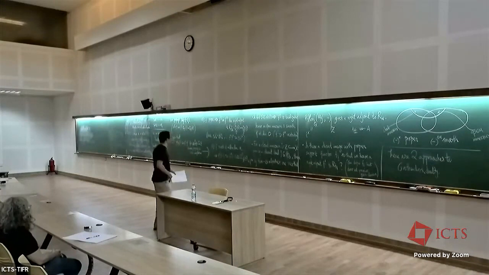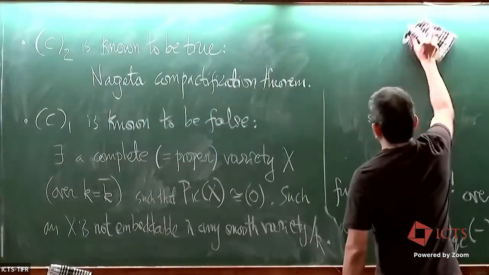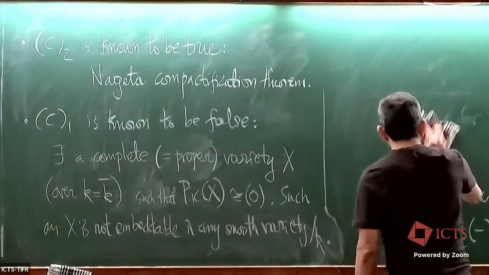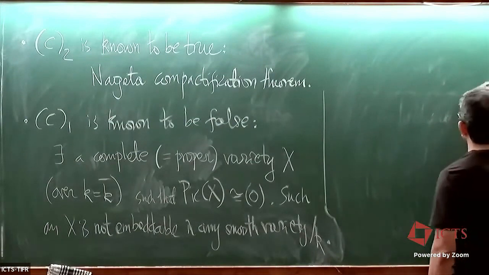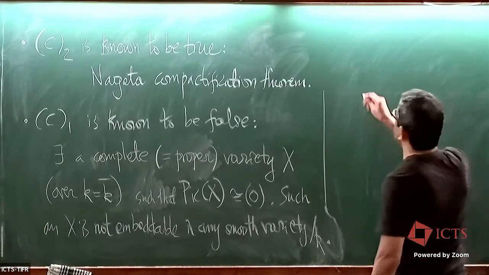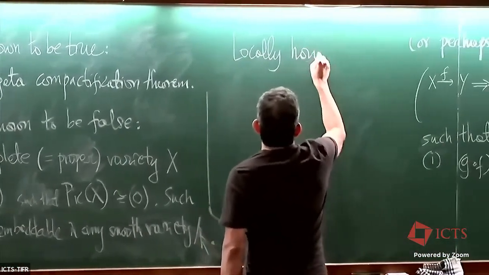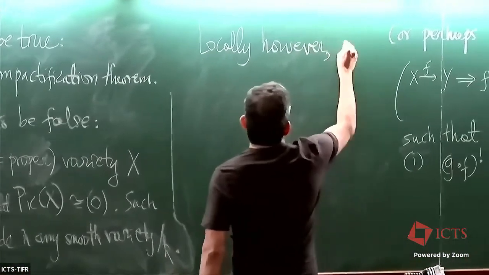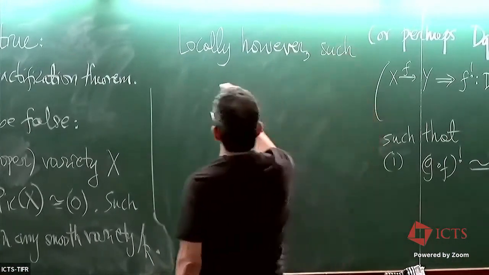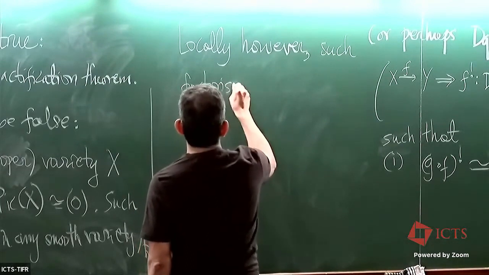But what we do have, and that is why that approach still survives, is that locally you can still get such factorizations. Such factorizations are known to exist, or are easily found.